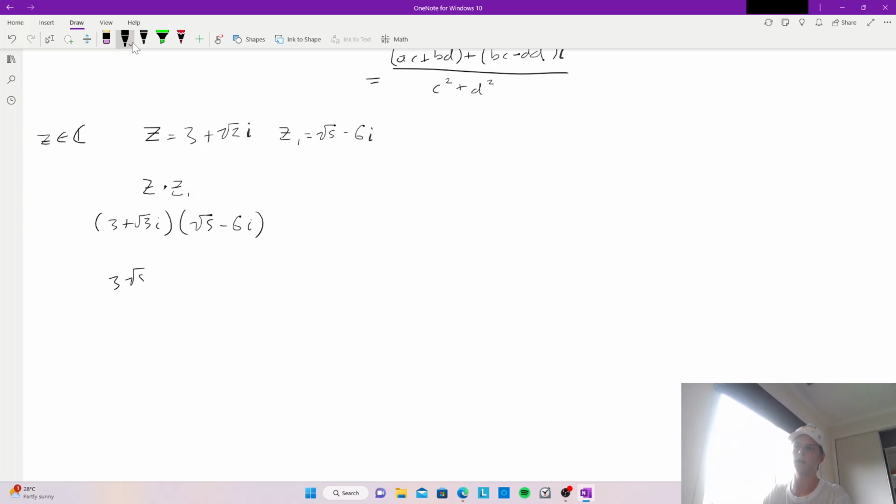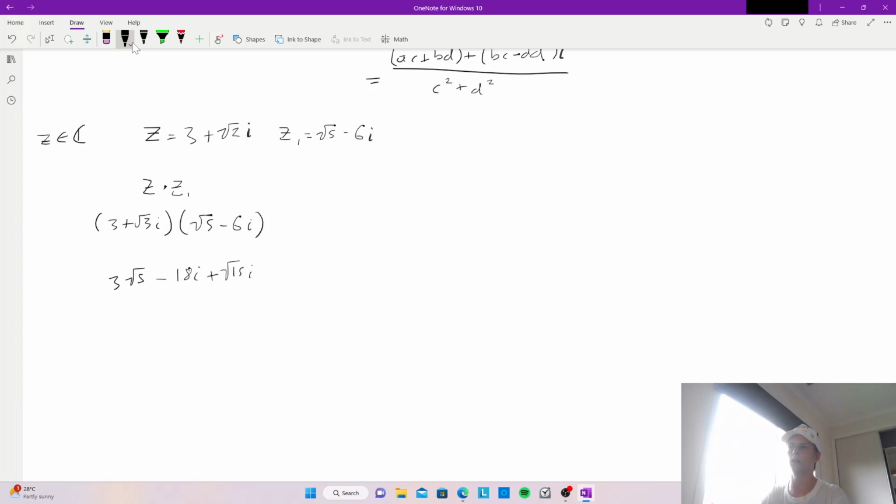You have 3 square root 5. And you have minus 18i. And then the next term will be square root 3 times square root 5, which will be square root 15. So plus square root 15i.